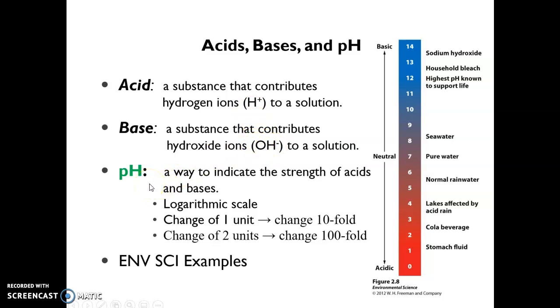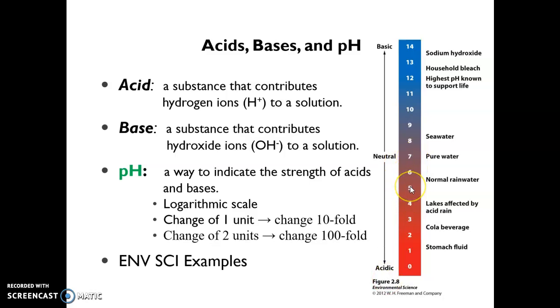Okay, so pH is the way we indicate the strengths of acids and bases. And it's a logarithmic scale. So let's look at what that means. Here in the middle is a neutral pH, which is 7. If we move down to a 6, any material with a pH of 6 is 10 times more acidic than pure water.